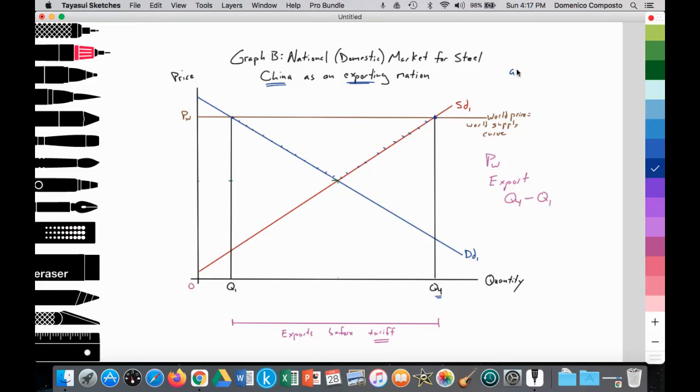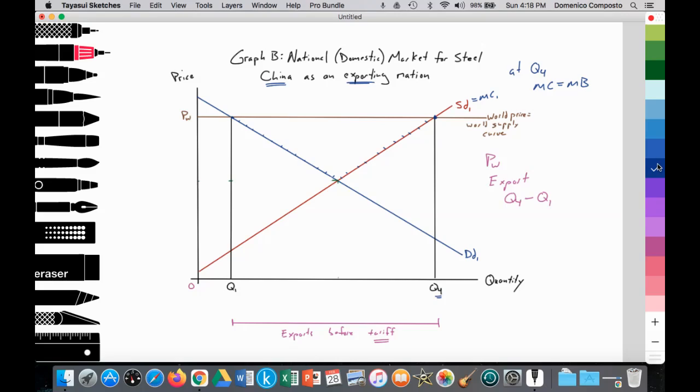at Q4, and I've illustrated this in a previous video, we can say that this is globally allocatively efficient, that the global marginal cost is equal to the marginal benefit. SD1 is equal to the marginal cost of production for the exporting nation.